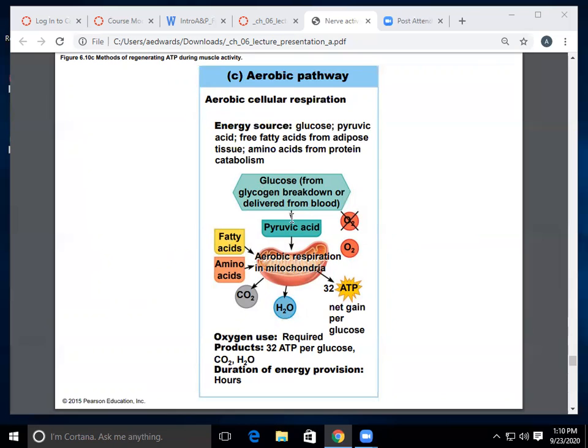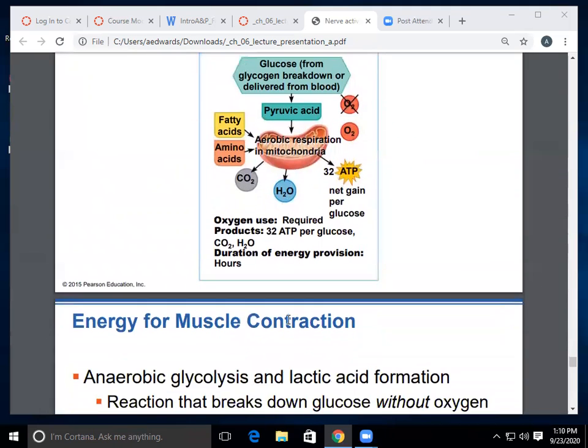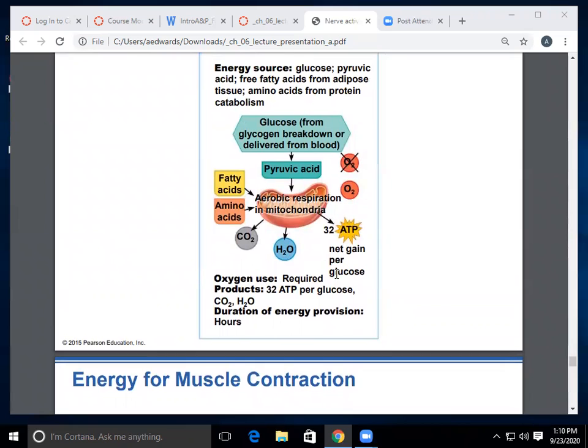And just to make the pyruvic acid, you don't need oxygen, but to take the pyruvic acid in your mitochondria and make ATP, you do need oxygen. And as byproducts, you get carbon dioxide and water. So oxygen overall is required. You get 32 molecules of ATP, carbon dioxide, and water. But this takes hours for every glucose molecule.